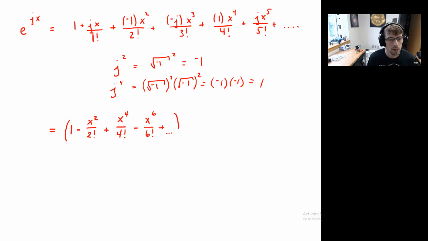Well, how about the terms that just involve j? I'll put a plus in here, and I'll pull that common term of j out. Let's take a look. This one doesn't have a j. We've already accounted for that, so we don't need to worry about it. We've taken care of these terms. Well, how about this term? I've got a j, and it's just times x. How about the fourth term?